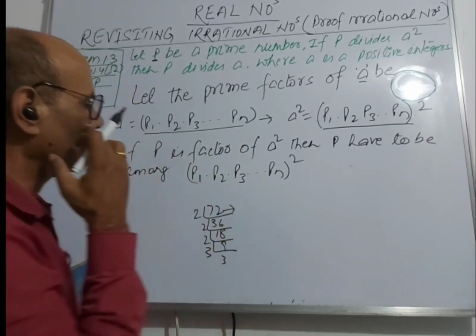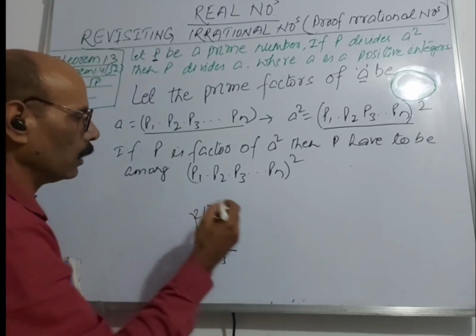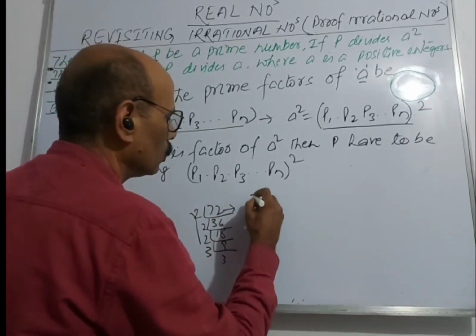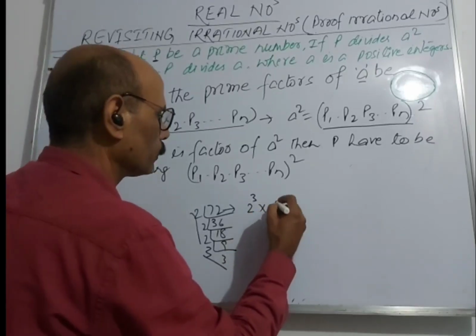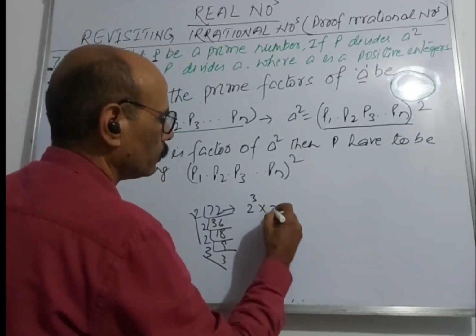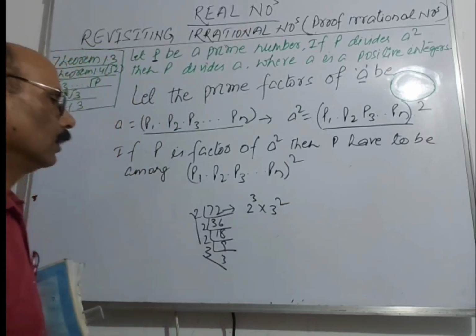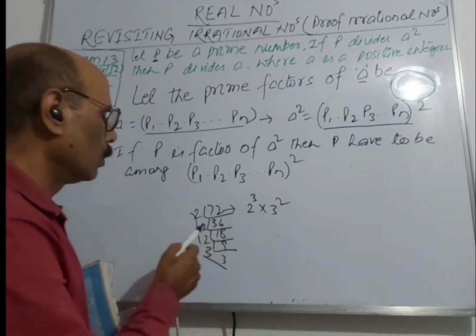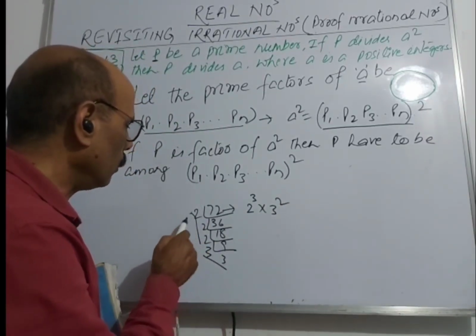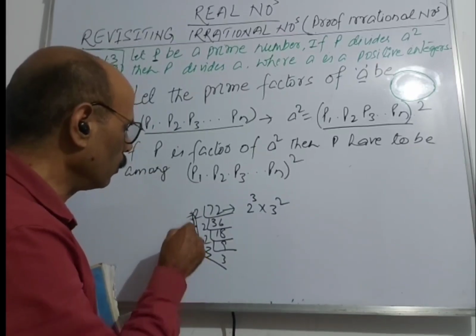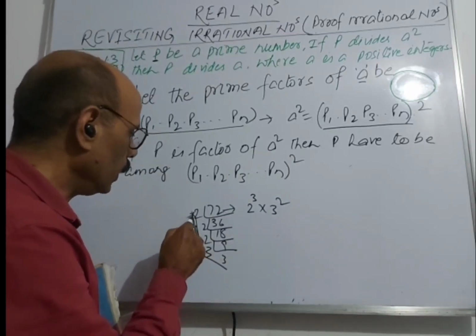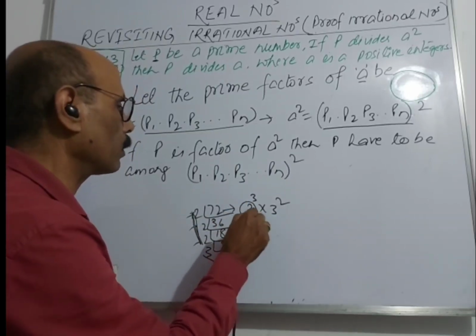See how the number is like this: 2 three times, 3 two times. The number of prime factors may be more, but the base has to be a prime number.